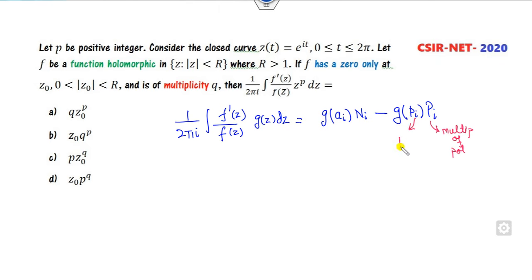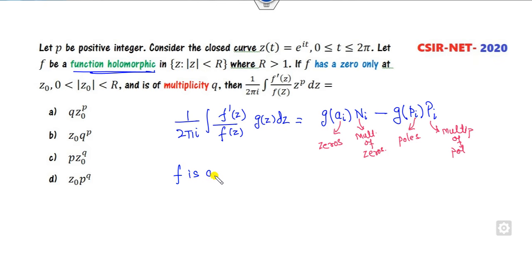Here a_i is the zero, and this is the multiplicity of the zeros. Fine. Now look at the option. F is a holomorphic function. What is the meaning of that?